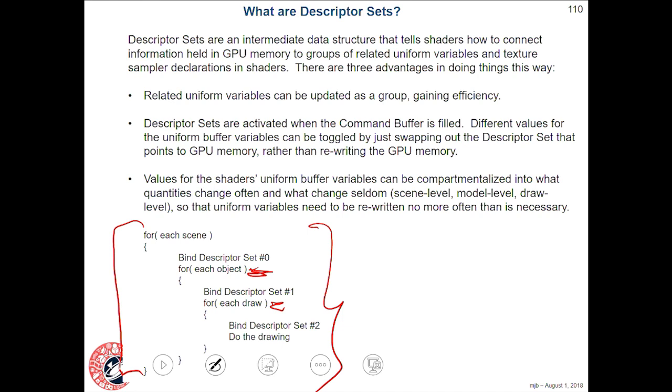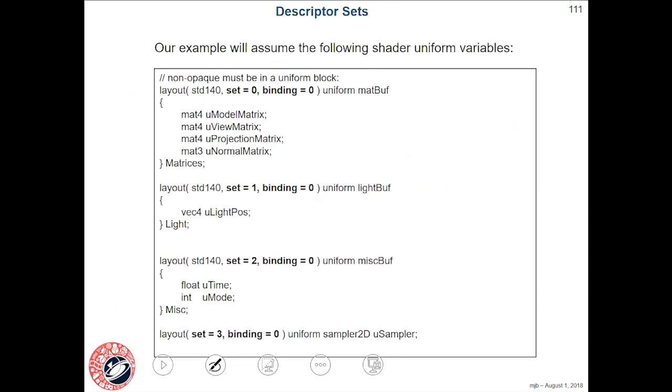And descriptor sets really just describe each set of uniform variables, but it lets you cluster them. It lets you group them so that when you're swapping different values in and out, you only have to do it when you need to, only when you want to.